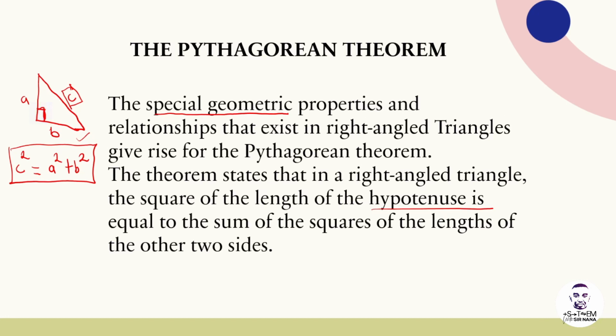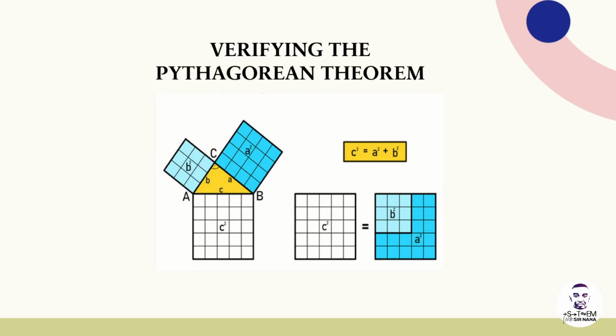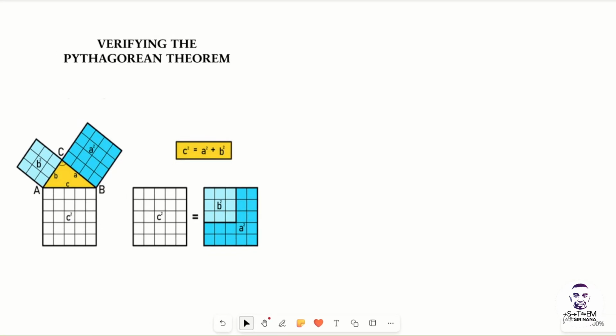Now let's look at how we can verify the Pythagorean theorem. Let's consider this diagram very carefully. We see a right angle triangle which has been drawn, and on the sides of the triangle are squares. On this side we have the A, because the triangle has been turned.